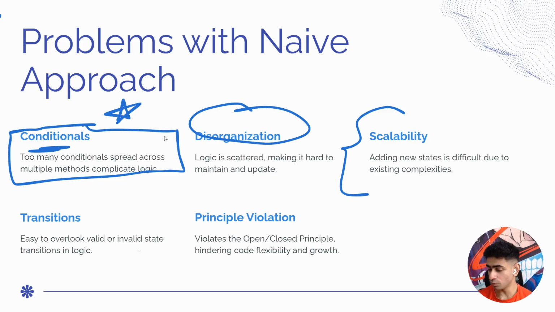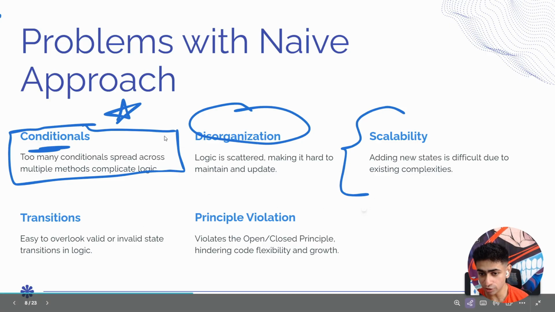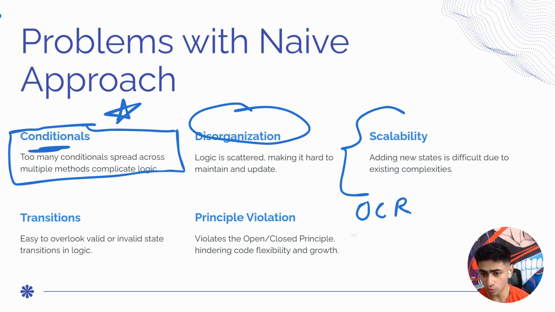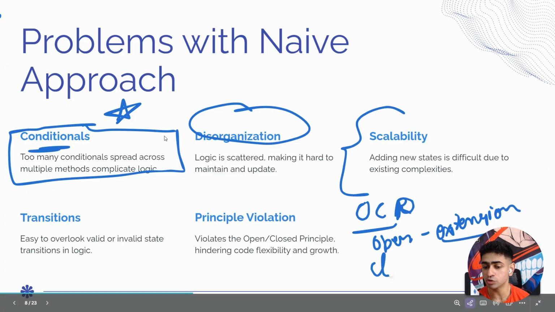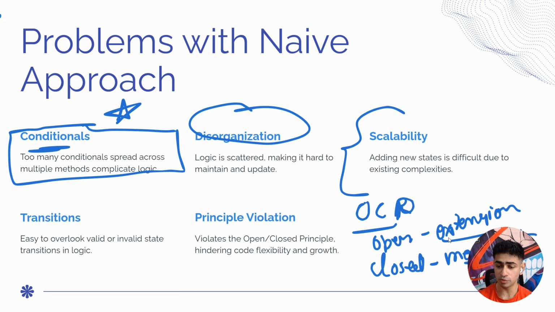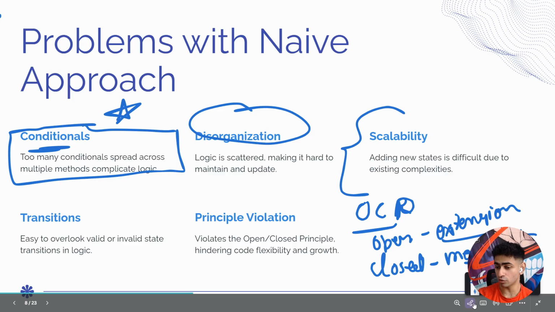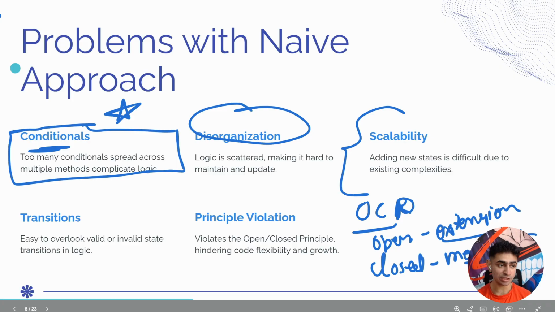So this is a violation of the open closed principle, OCP, as I have been telling you in a lot of my previous videos. Your code should be open to extension, which means you should be able to extend your code, but closed to modification, which basically means you should be able to extend your code without making any changes to the existing code.